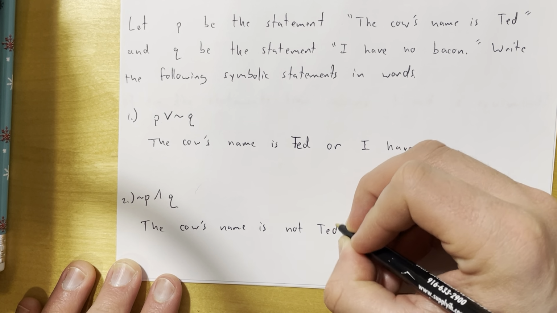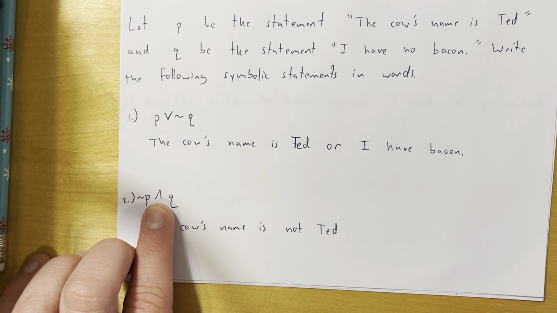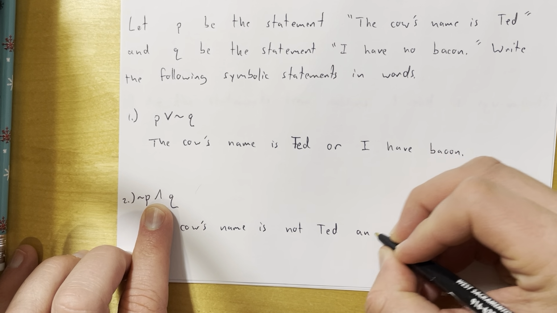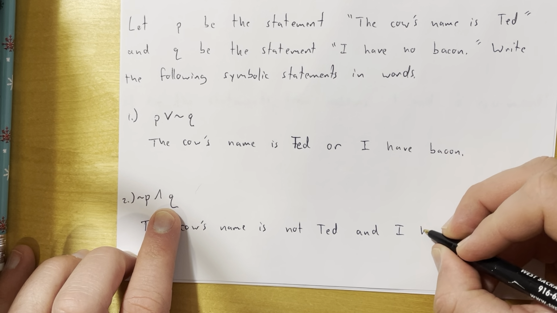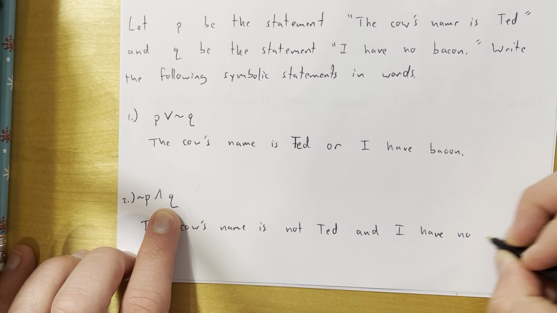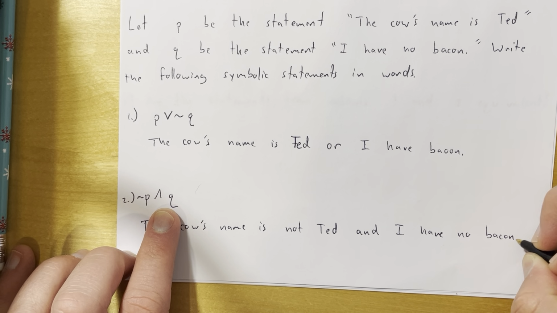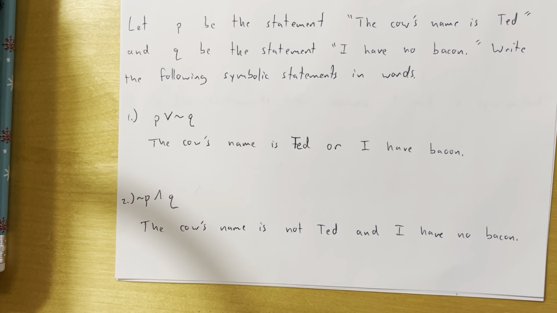As a conjunction, we want to use the word and. Then we follow that with the statement Q, which is I have no bacon. Okay? And it's fairly straightforward.